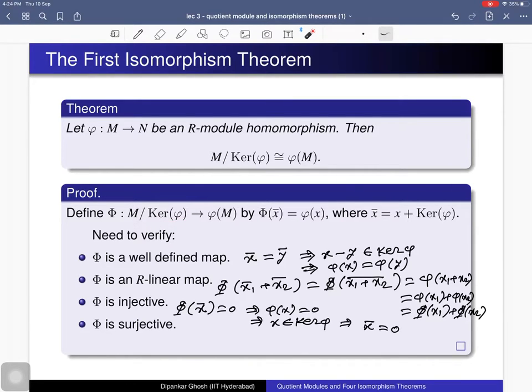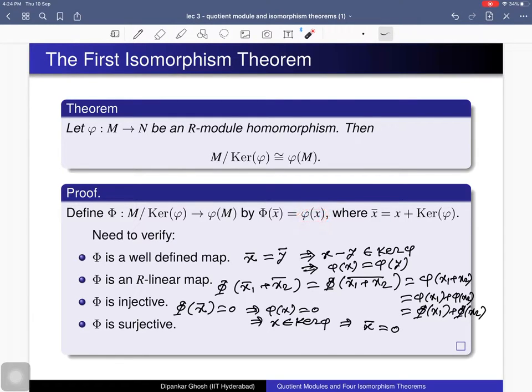And why is this surjective? Because we are considering this module φ of M. So your codomain is φ of M, which is the collection of all the images of φ. So any element of φ of M looks like φ of x for some x coming from M.